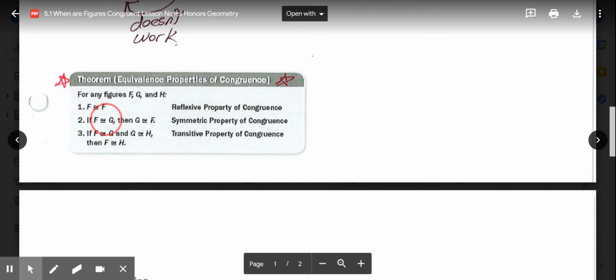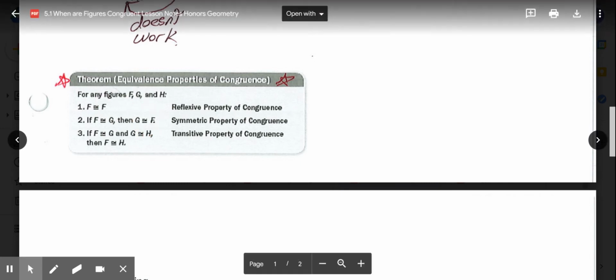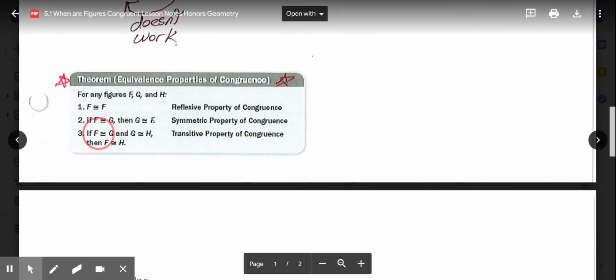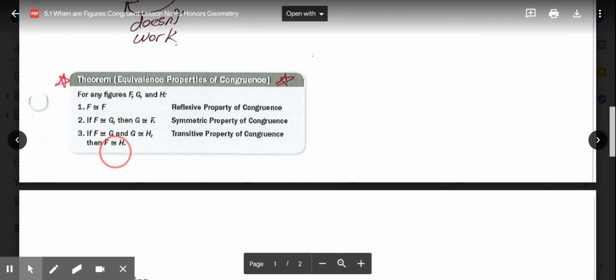So for example, if F is congruent to G, symmetric property allows us to say G is congruent to F. And then we have that transitive property of congruence, where it says if F is congruent to G and G is congruent to H, then we could say F is congruent to H because both are congruent to G.